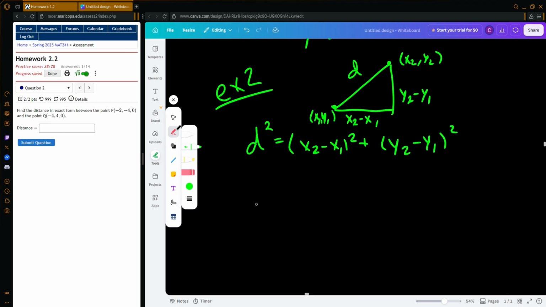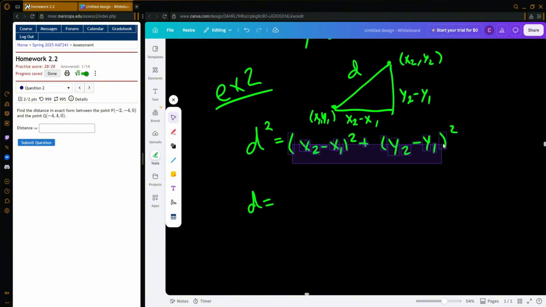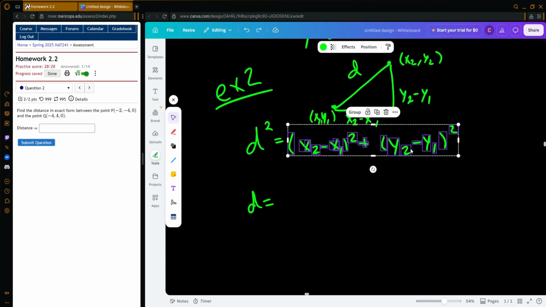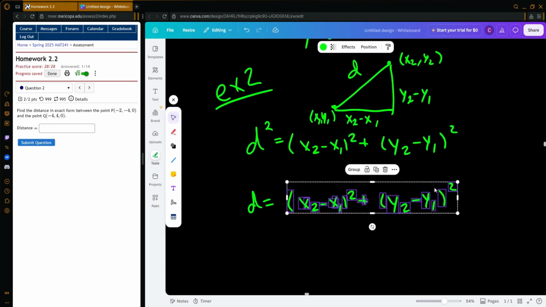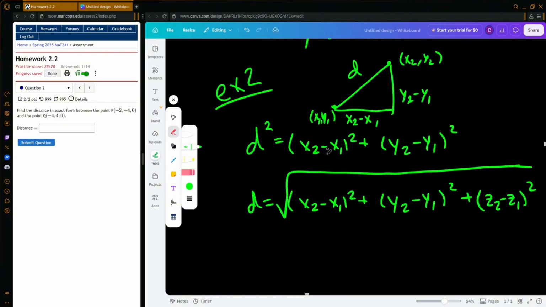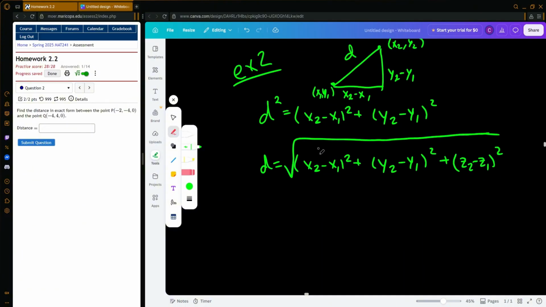Then we'll square root both sides. So your distance is equal to this square rooted. And then this will extend into 3D. So we'll just add in for z coordinates, z2 minus z1 squared. So we'll just plug all this into a calculator.